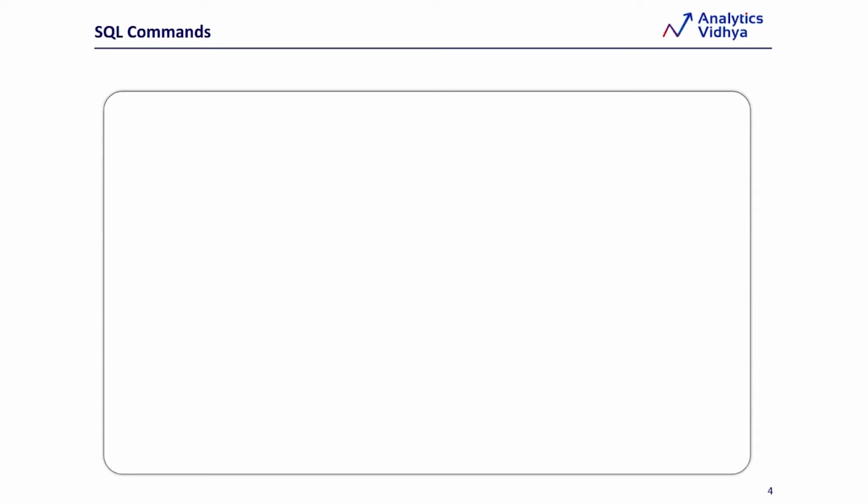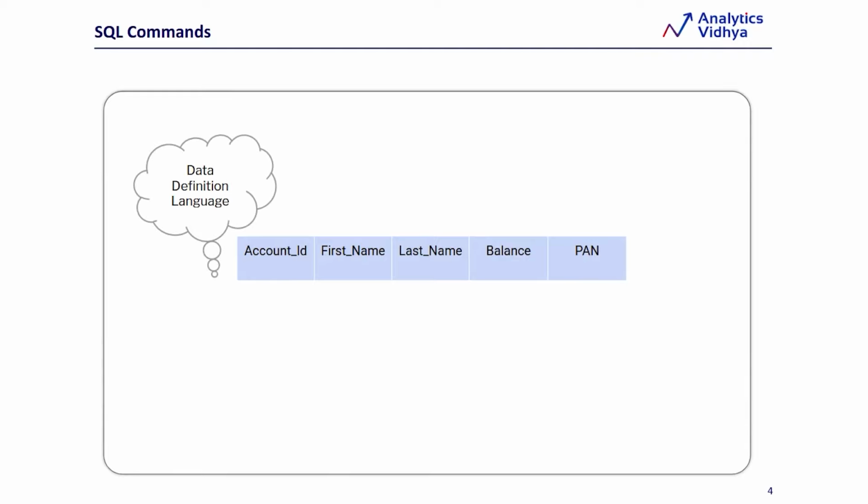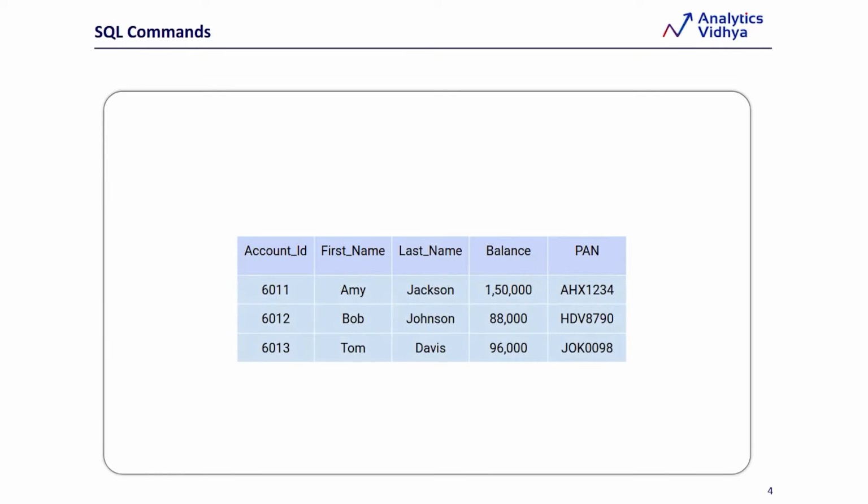Now SQL is used to perform various operations on relational databases. It has various types of commands for different purposes. One of them is to manipulate the structure of the tables, like creating, altering or dropping tables. These commands are known as data definition language commands. The other is to manipulate the records in the table, like inserting, updating or deleting records. These commands are known as data manipulation language commands.